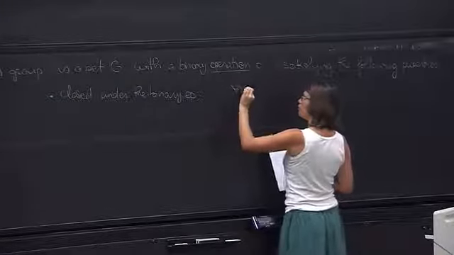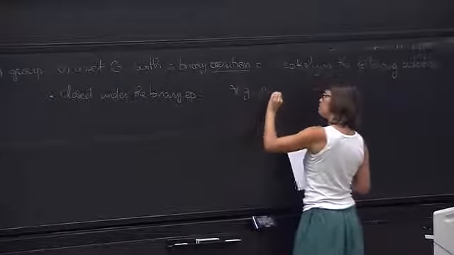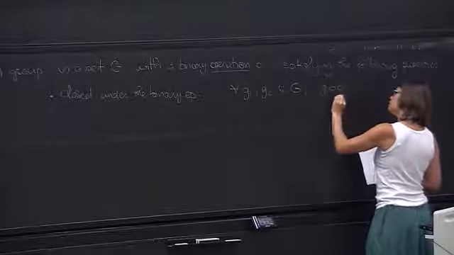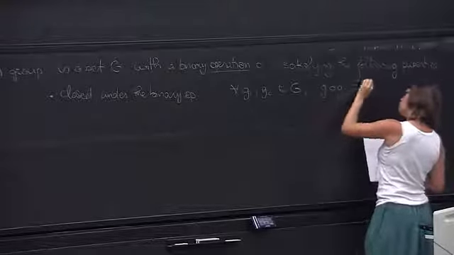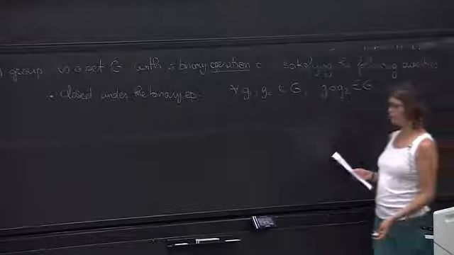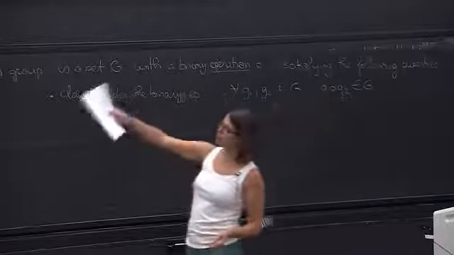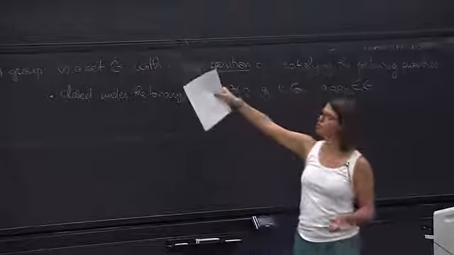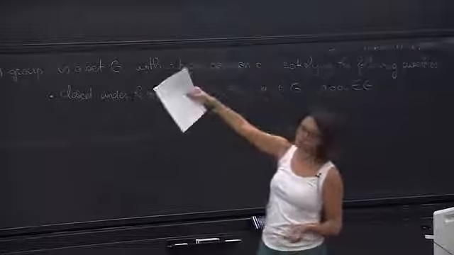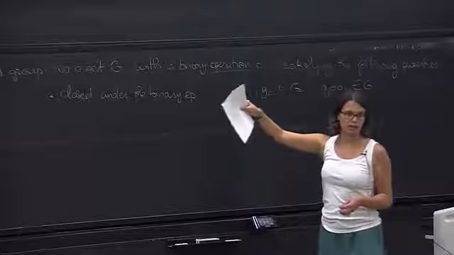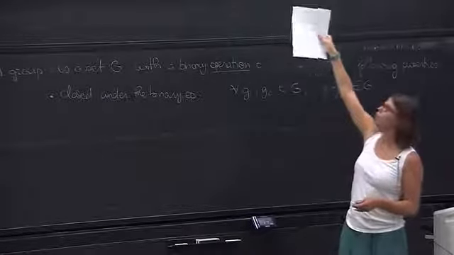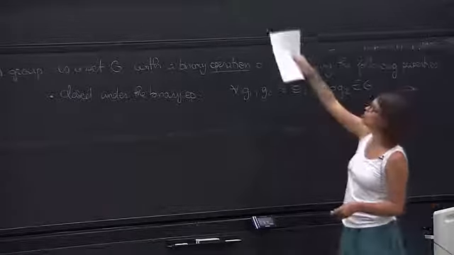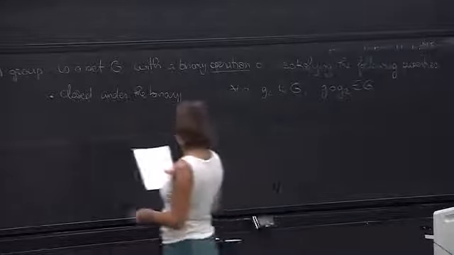This means that for any g1, g2 in your group, g1 with g2 is also an element of your group. Is that the case for the two examples we looked at? Of course, since you have the multiplication table or the addition table, you can see that adding elements or multiplying elements together, you're still in your set of numbers. So this is satisfied for the two examples we looked at before.